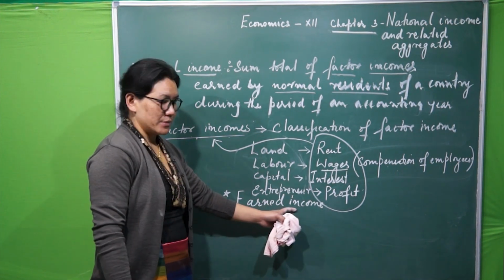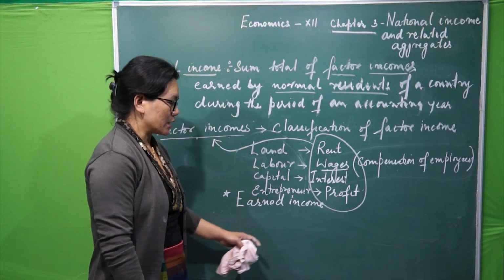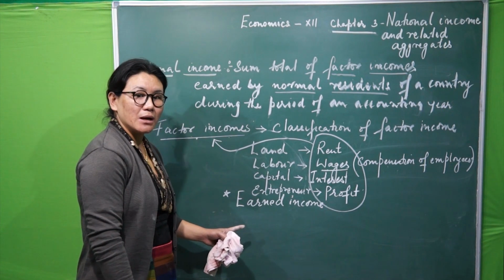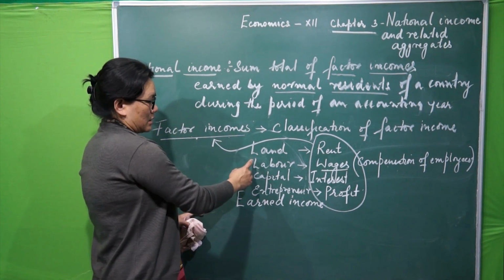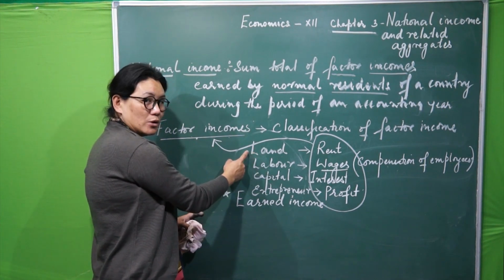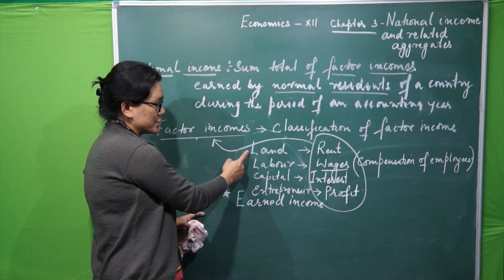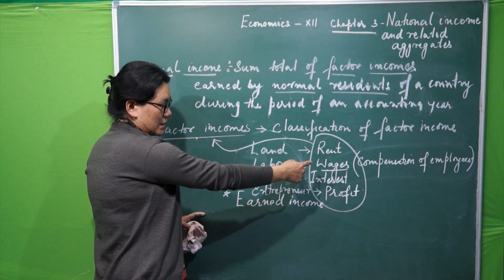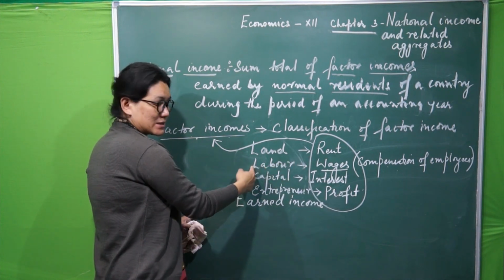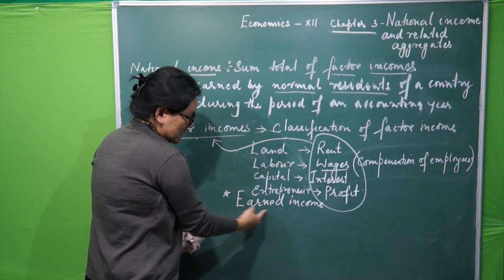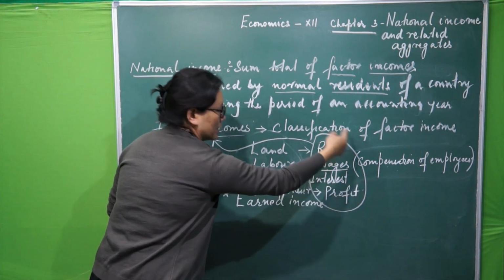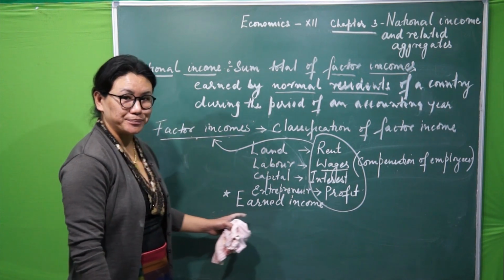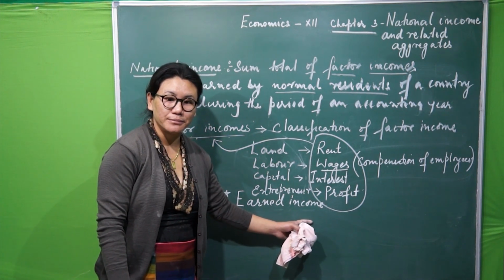Why do we call this earned income? Because the household is rendering services to the producer, and for these services they are earning income in this form. So this is called earned income.